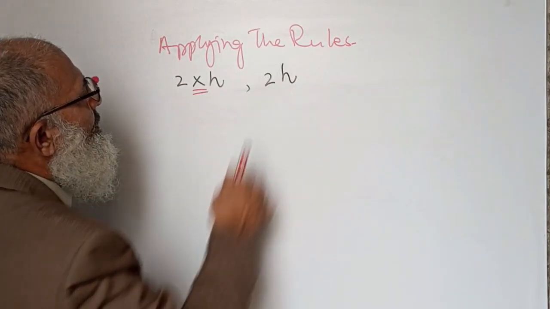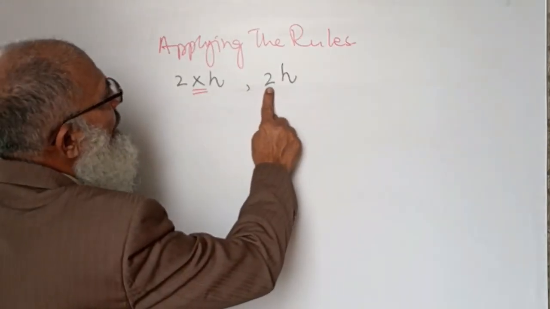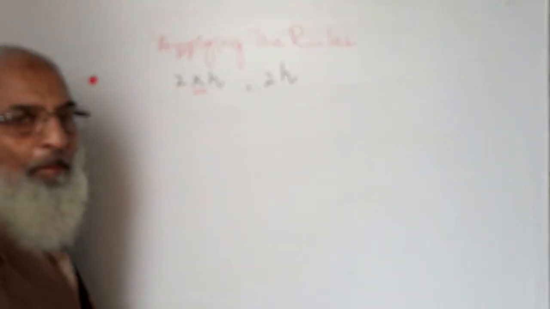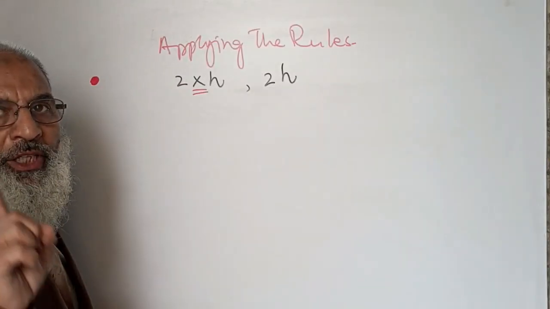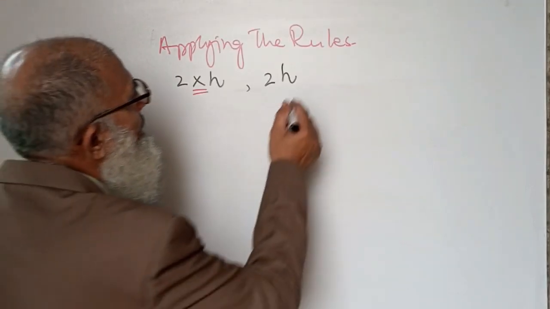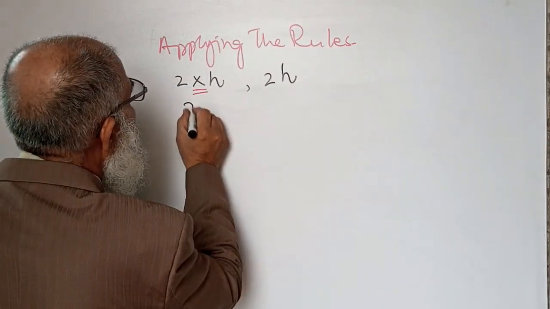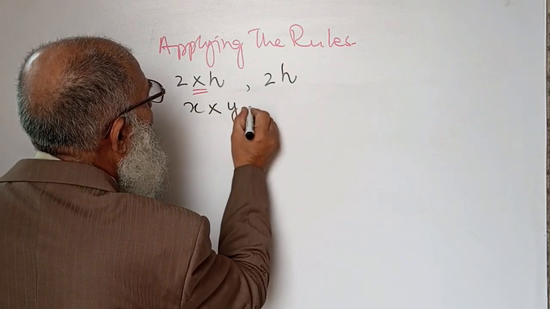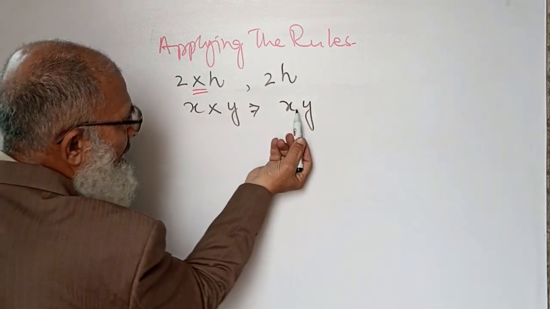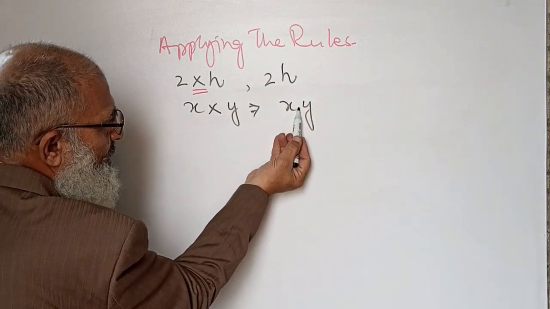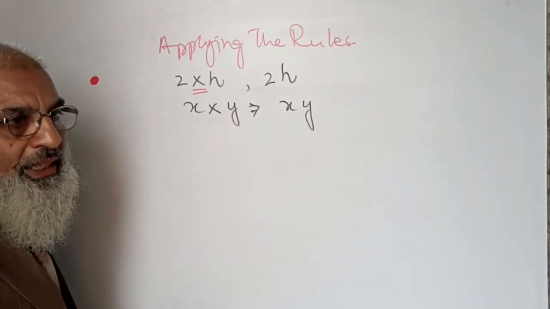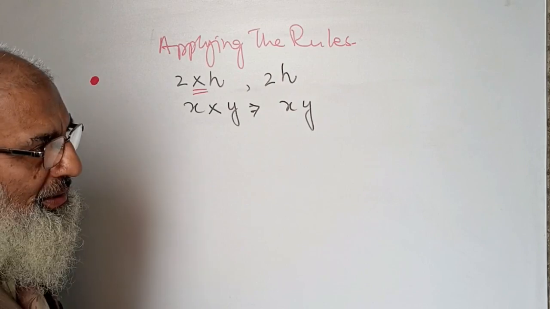It is understood that the 2 is being multiplied by h, so we don't have to write this multiplication sign. Similarly, x multiplied by y, we write xy. It means that a multiplication sign exists between the two, which we have omitted for convenience.